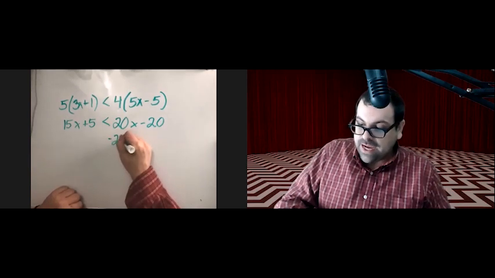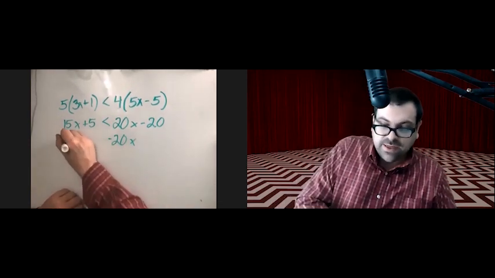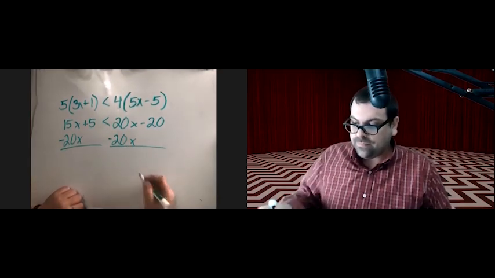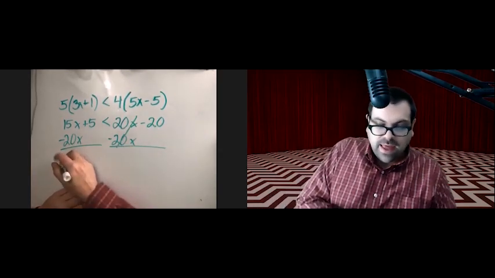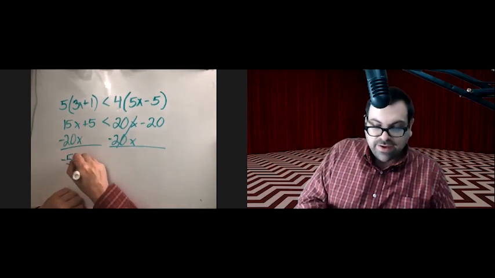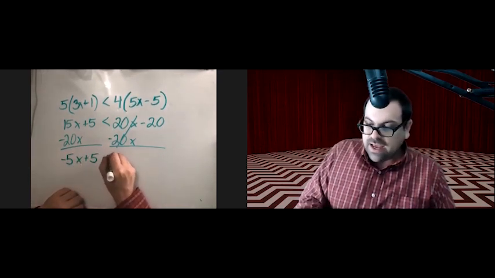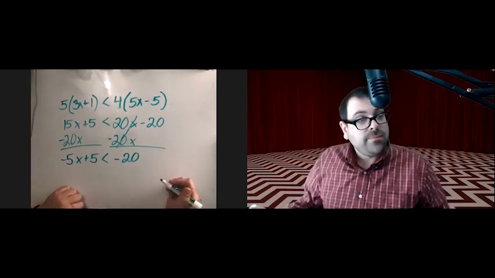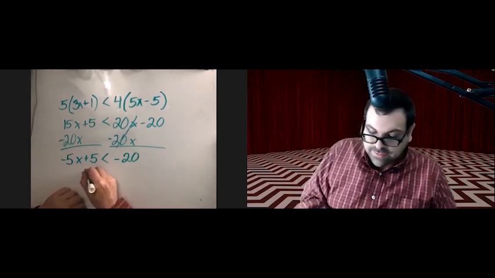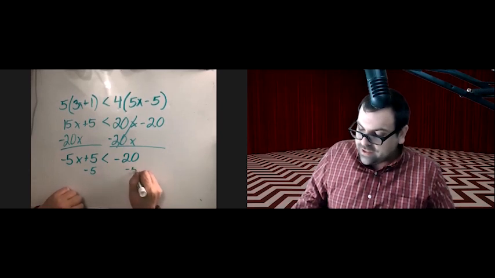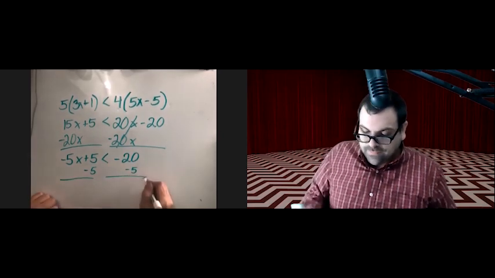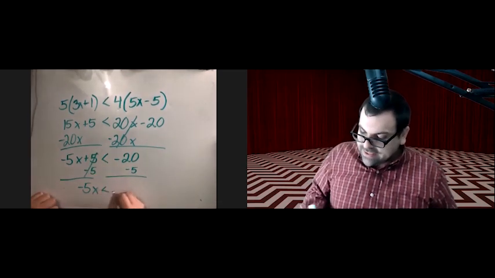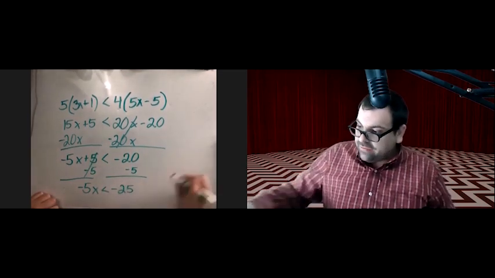Going to subtract 20x from both sides. That leaves me with -5x plus 5 is less than -20. I'm going to subtract 5 from both sides. -5x is less than -25.